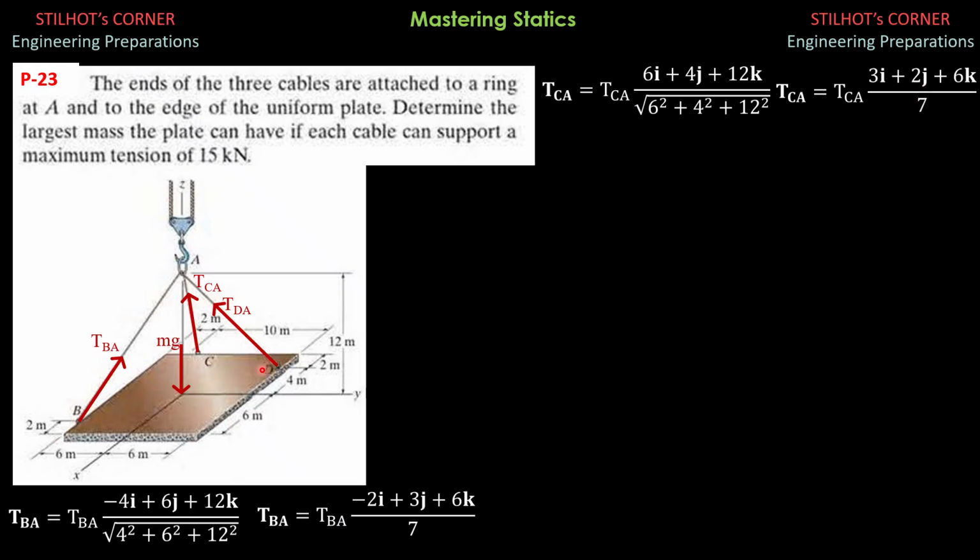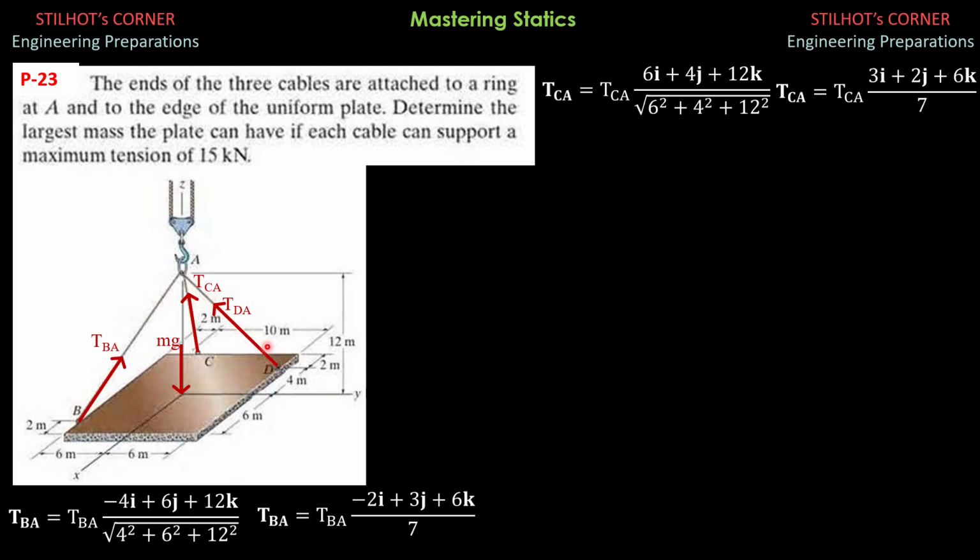Then tension DA, so along X going forward 4, so 4i, along Y to the left negative 6j, then upward 12k.